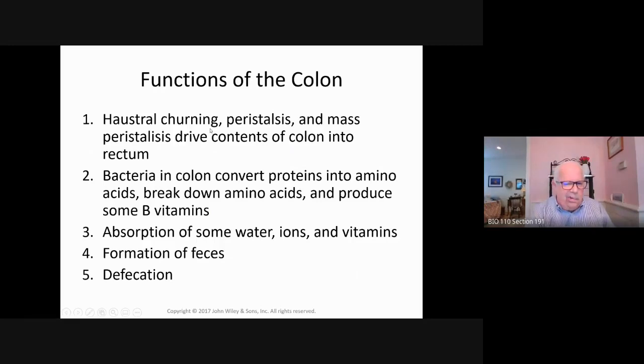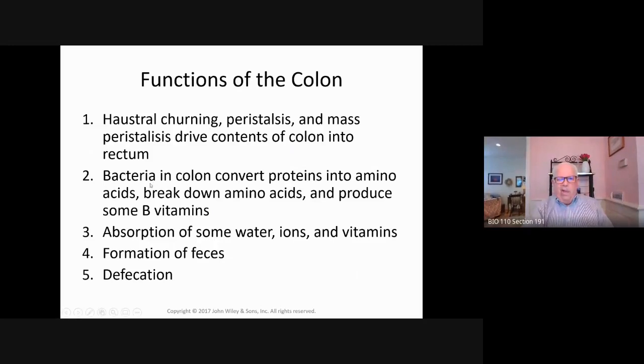In the stomach, it was rugae. In the small intestine, it was plicae circulares, otherwise known as segmentations. In the colon, it's known as haustra. Okay? And it drives the food into the rectum.